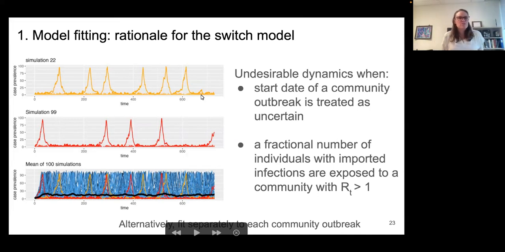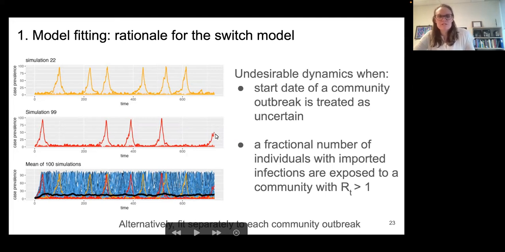A not good approach to modeling a region that's implementing an elimination strategy would be to treat the day that the community outbreak starts as a random variable and then average across those. If you did that, you would get the black line. And this is showing 100 simulations and just how you would get the wrong inference if you took the average of those.